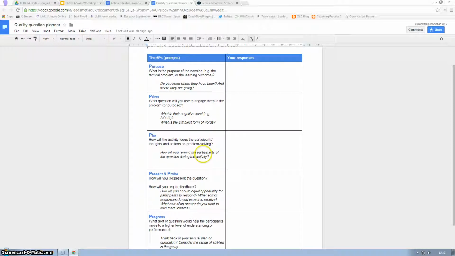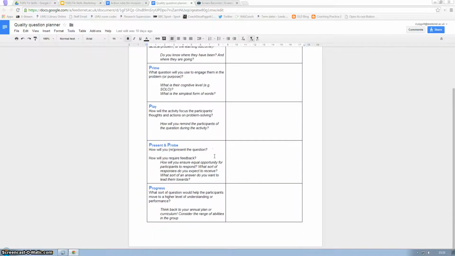Playing, so we prompt the guys on how they would remind during the activity, so getting involved and asking the question again and pointing things out, but as the play's going on concurrently. Presenting and probing, so again looking at different ways of making sure we get equal responses or equal opportunity for response, thinking about what sort of responses they might expect to receive, what sort of answer they want to lead the players towards.